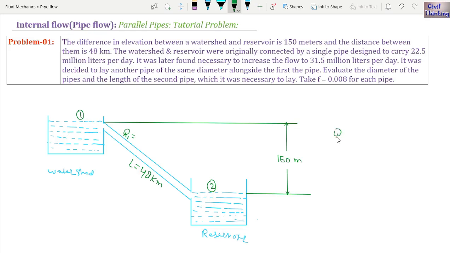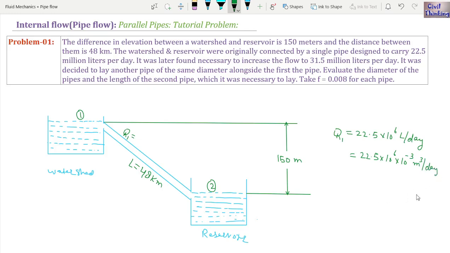Q1 was 22.5 million, and million is 10 to the power 6, liters per day. So it is 22.5 multiplied by 10 to the power 6. Now 1 liter is 10 to the power minus 3 meter cube, so it is going to be meter cube per day.